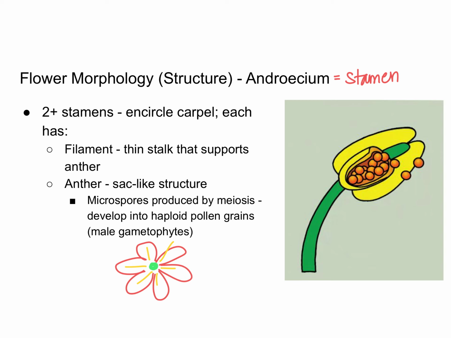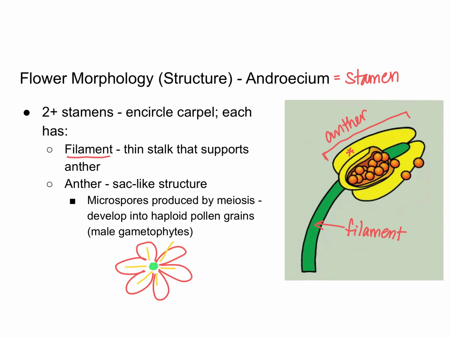Each stamen consists of a filament, and the filament is just this stalk right here. It also consists of an anther, which is kind of this whole structure here. And the anther consists of these different units, and these are the microsporangia.